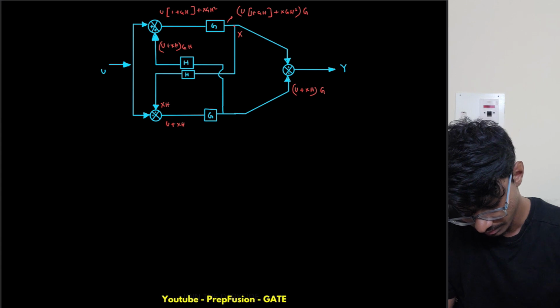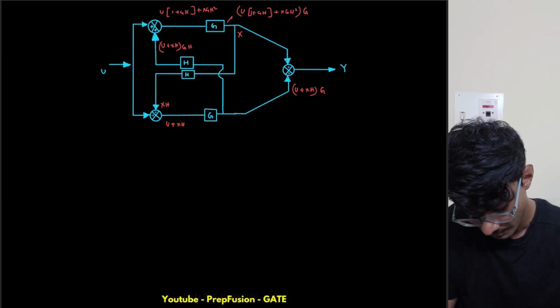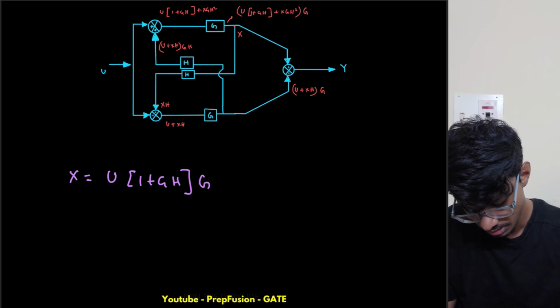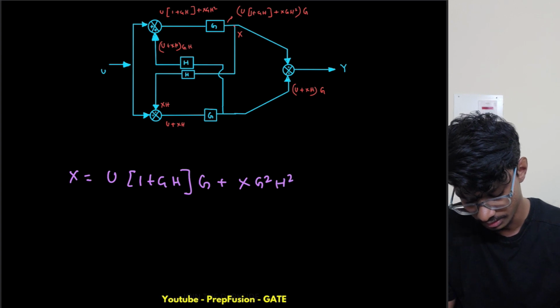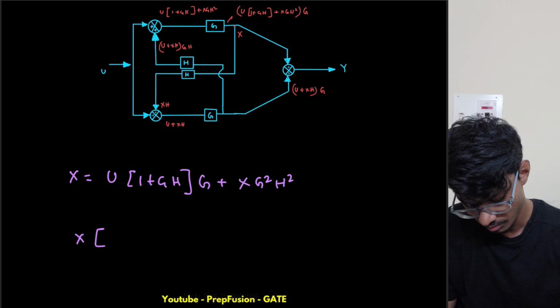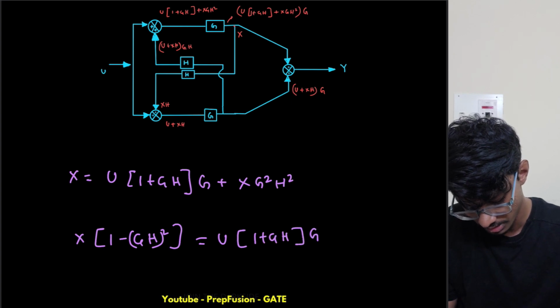So let me write the equation: x equals u into 1 plus gh into g plus xg square h square. So what I can do is simply take common here 1 minus gh whole square, which equals u into 1 plus gh times g.